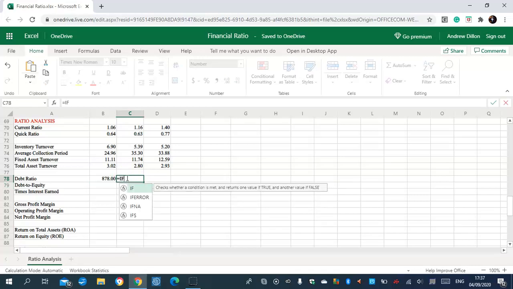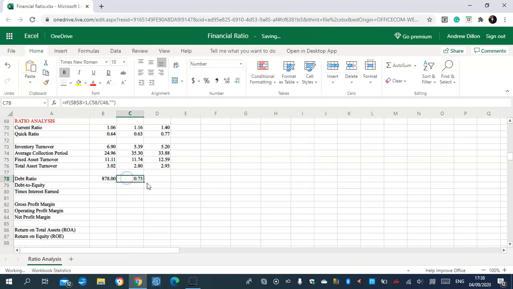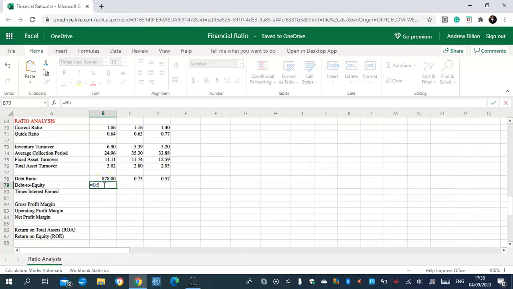If statement. Now we're going to debt to equity. If statement.